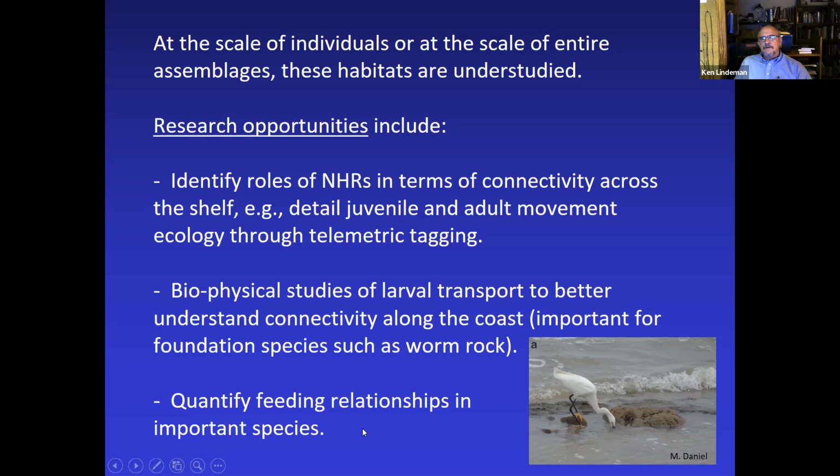We saw a slide earlier about the trophic food web ecology. A lot of this is based on assumptions or limited empirical data. Another thing to point out is that the birds that use shorelines, and if you spend much time on beaches, you know that there's a wide diversity of birds that do use these habitats. They feed heavily in some of these systems, and there's very, very little known quantitatively about this.